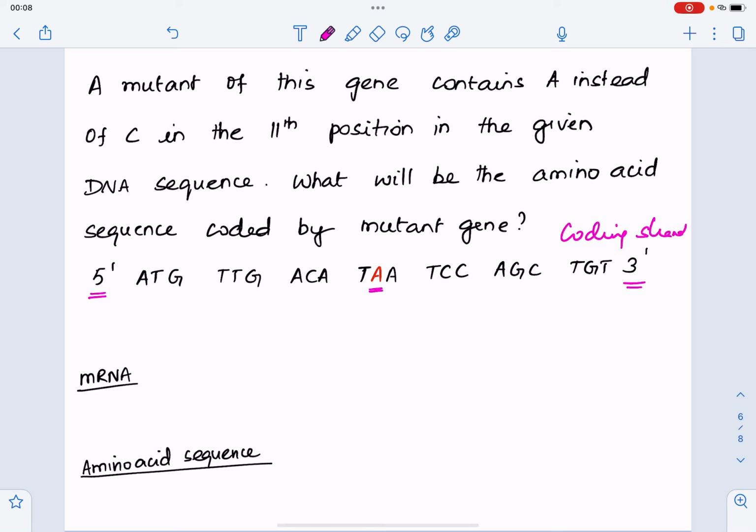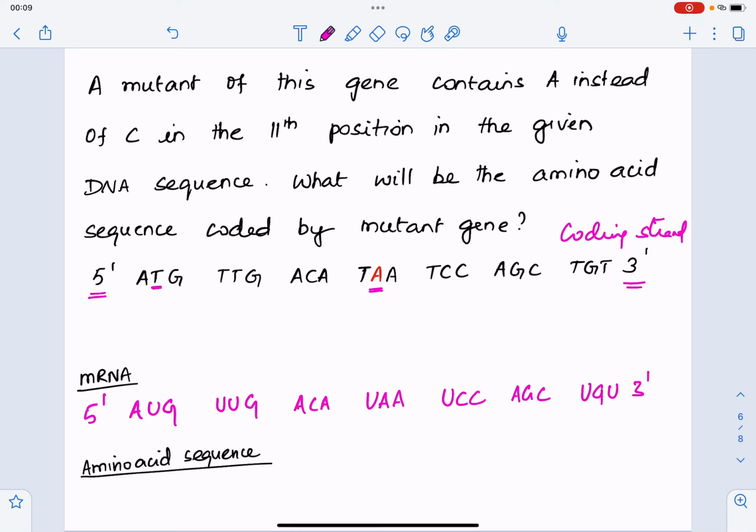So you will write the mRNA sequence by replacing T with U. AUG, UUG, ACA, and what will you get here? UAA, UCC, followed by AGC and UGU. So this is the mRNA sequence.